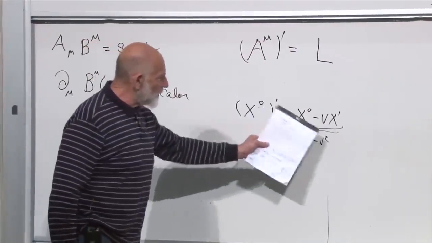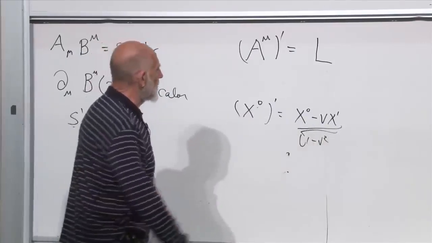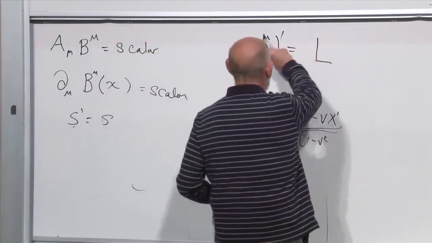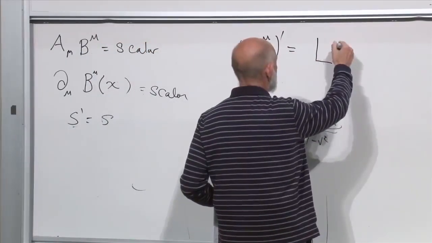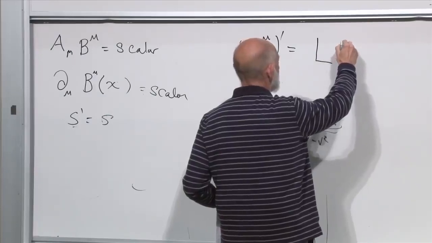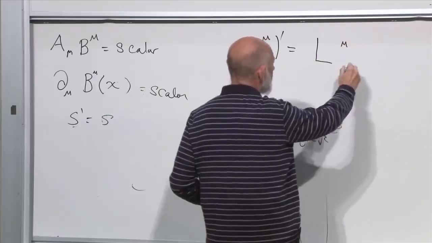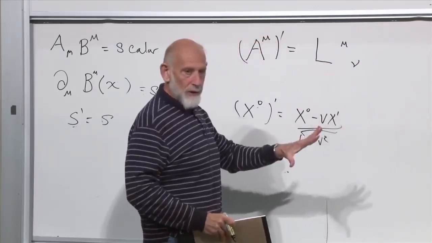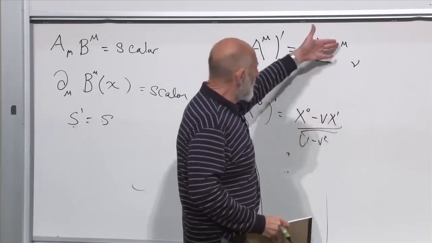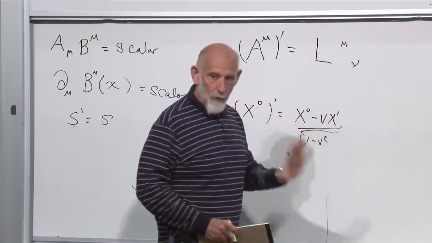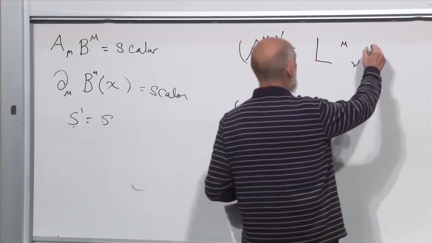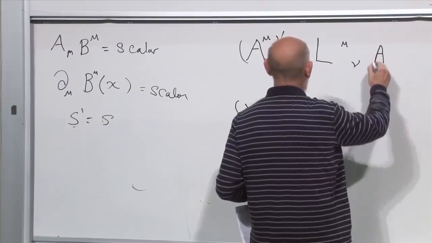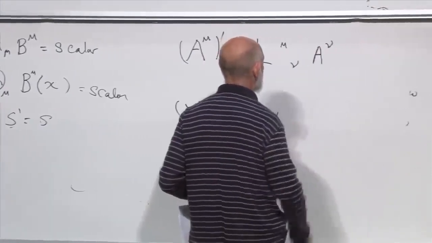The matrix has entries, which you'll recognize in a minute. All right. There's an upper index here. I'm going to put a lower index down here. It has 2 indices. That makes it a matrix. It has a value for every mu and every nu. It's a 4 by 4 matrix. And now it multiplies a nu.